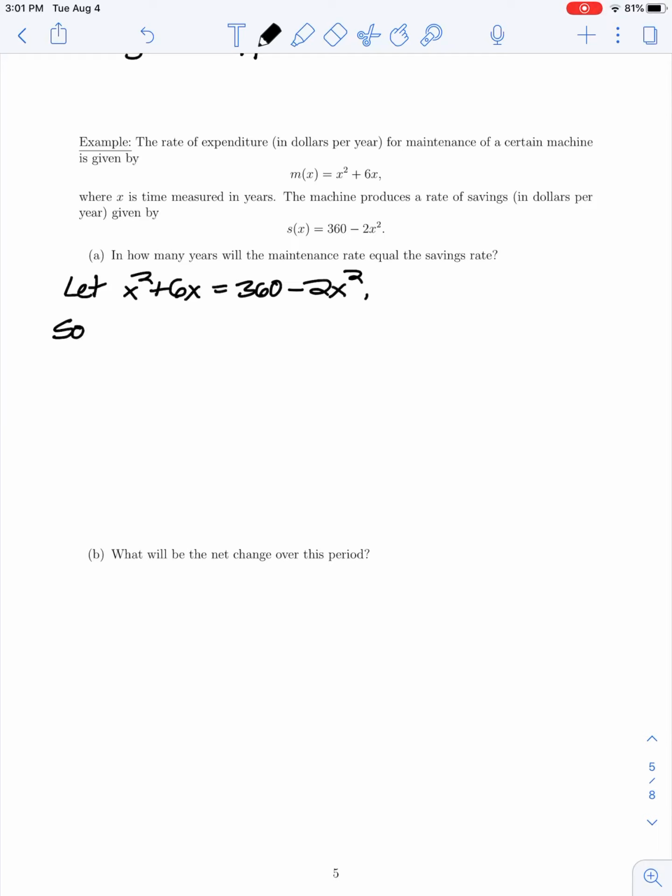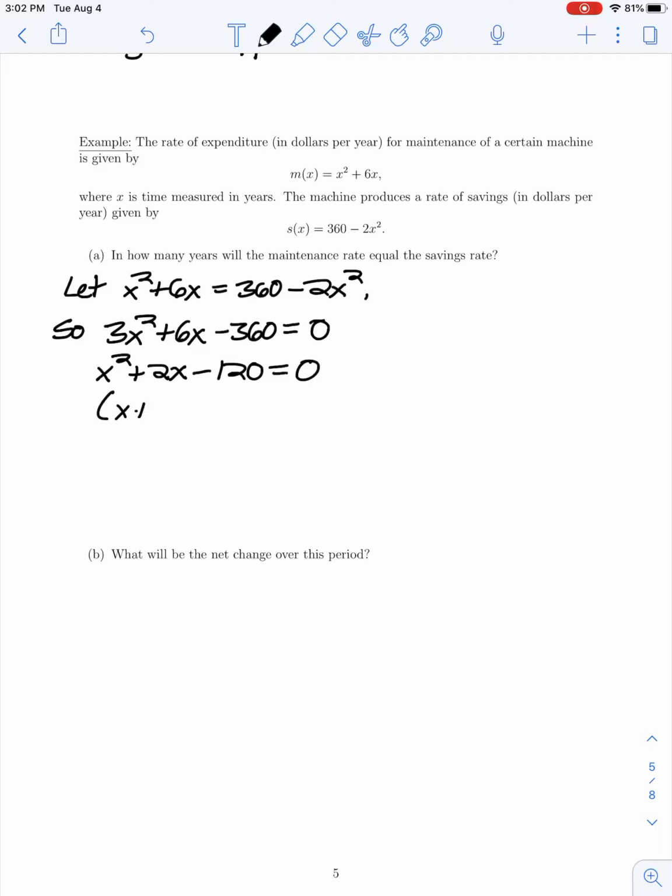And moving everything to one side of our equation, say the left-hand side, well, if we add 2x squared to both sides, we have 3x squared plus 6x, and then if we subtract 360 from both sides, we're left with the following. So we see here that everything is divisible by 3. So if we divide through this equation by 3, we have x squared plus 2x minus 120 is equal to 0.